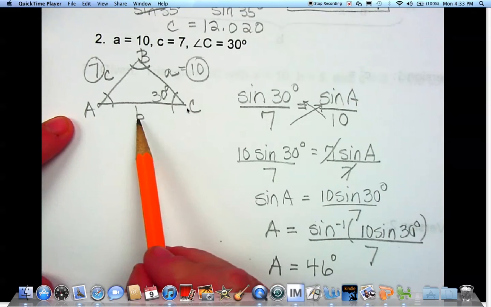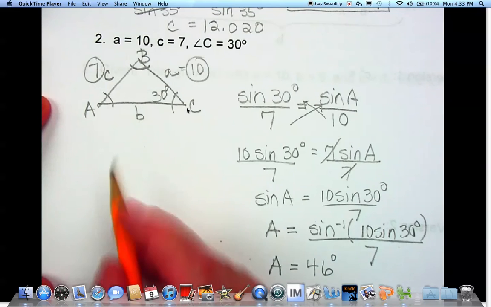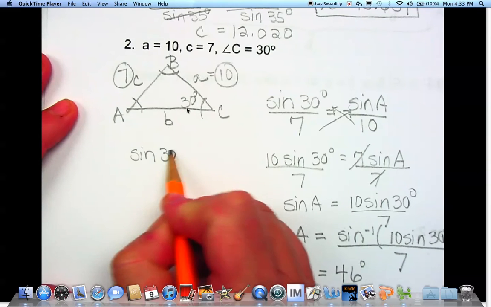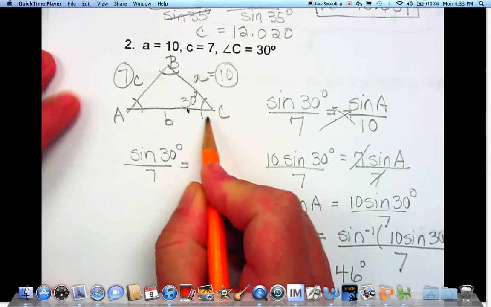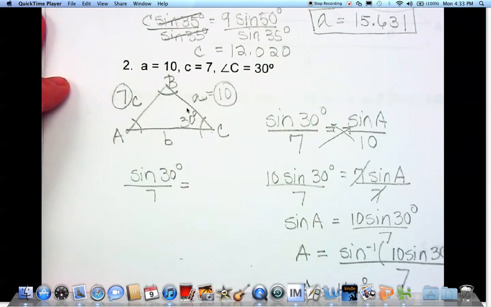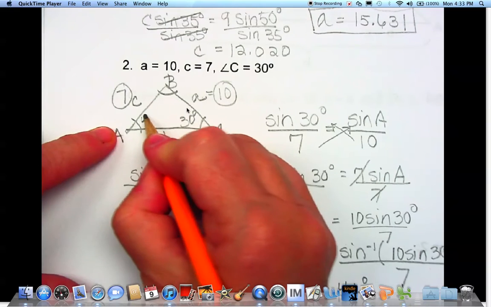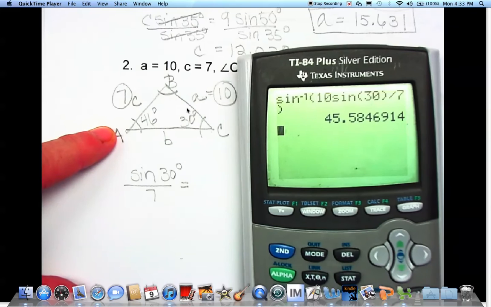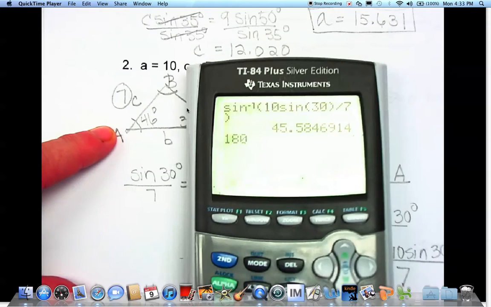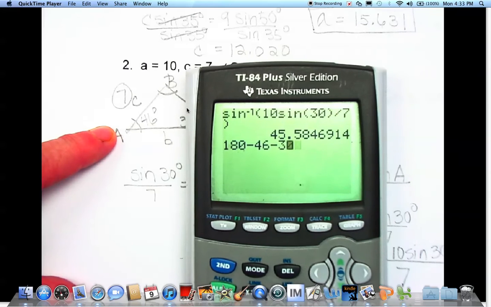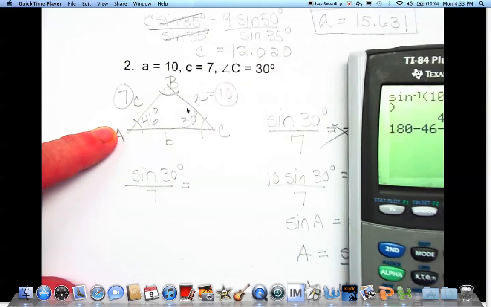Now let's find angle B. So let's start back with sine of 30 degrees over 7. That's the C and little c. Equals, we need angle B. If angle A is 46 degrees, we can find angle B because all the angles in a triangle add up to 180, so we'll subtract 46 and subtract 30, and we get 104 degrees.